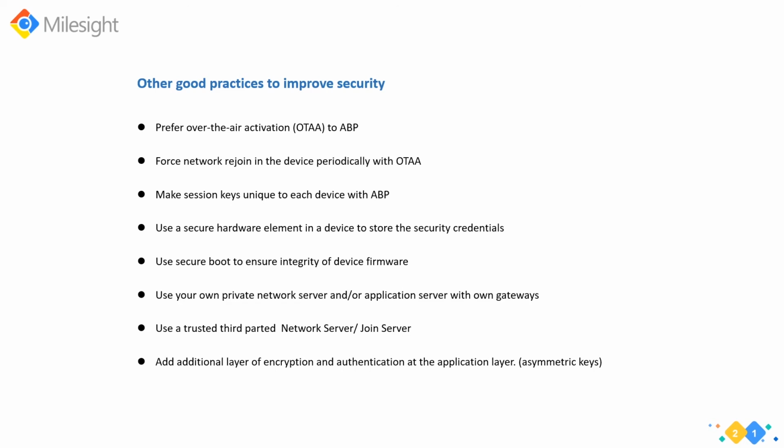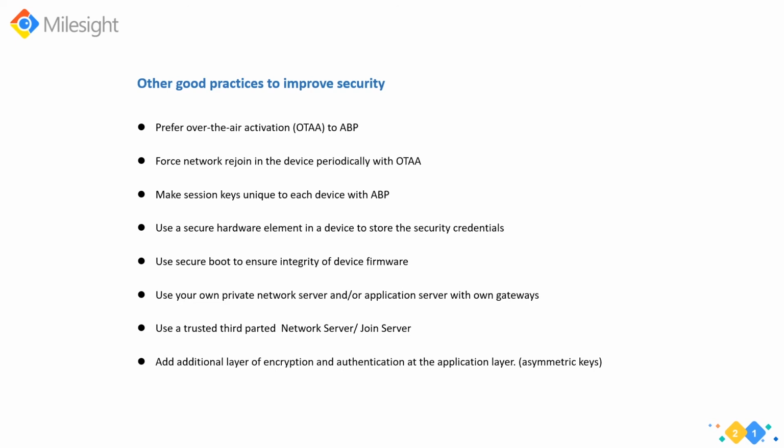And finally, make sure you use a trusted third-party network server and join server that doesn't lock your device into a certain ecosystem. So if you don't want to use our embedded network server, please choose a trustable brand.